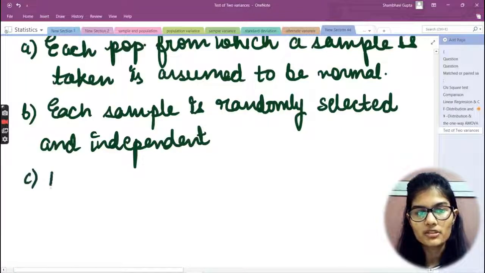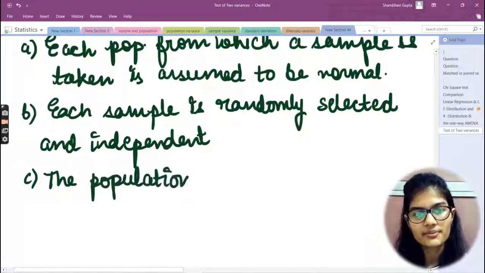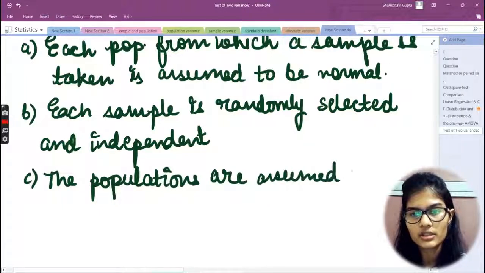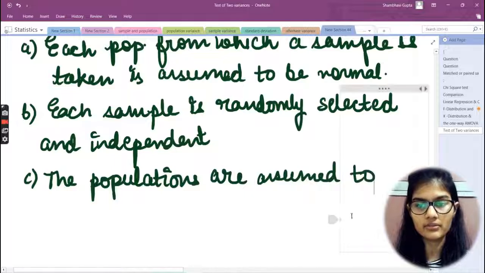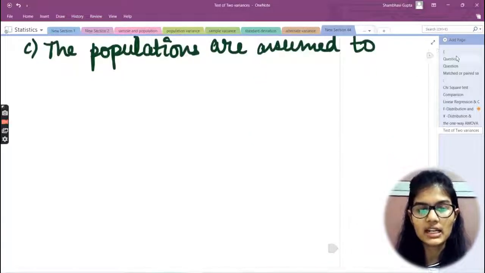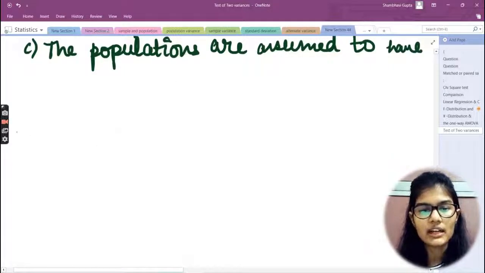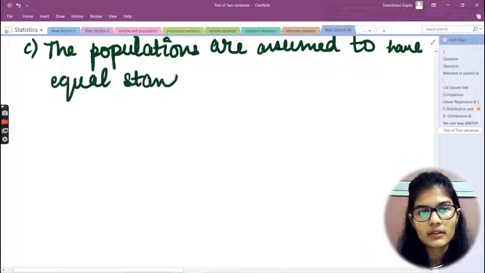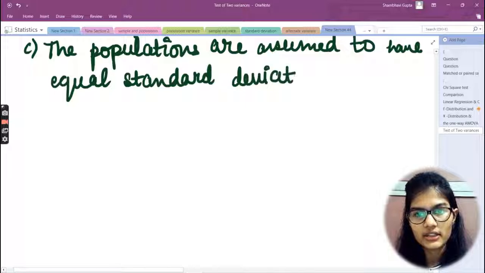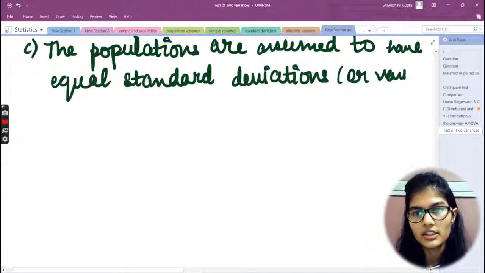After that, we have the third point. The third point says that the populations are assumed to have equal standard deviations, or basically we call them variances as well.